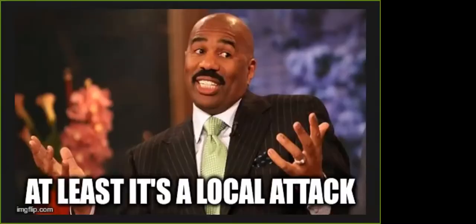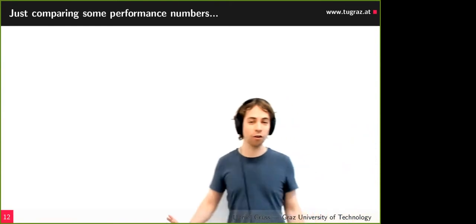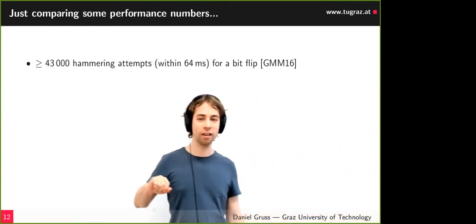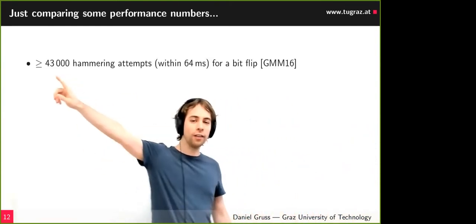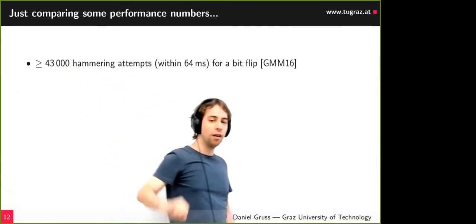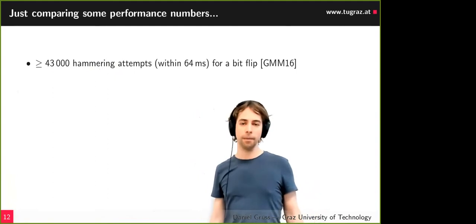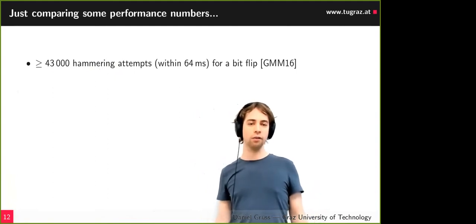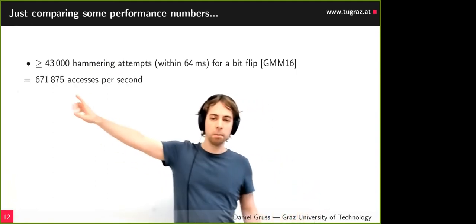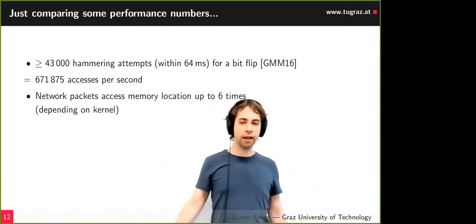Well, you could say at least it's a local attack, right? But I want to compare the performance numbers here just for a second. We need 43,000 hammering attempts for a bit flip. 43,000 accesses to DRAM within 64 milliseconds. That's 700,000 accesses per second.